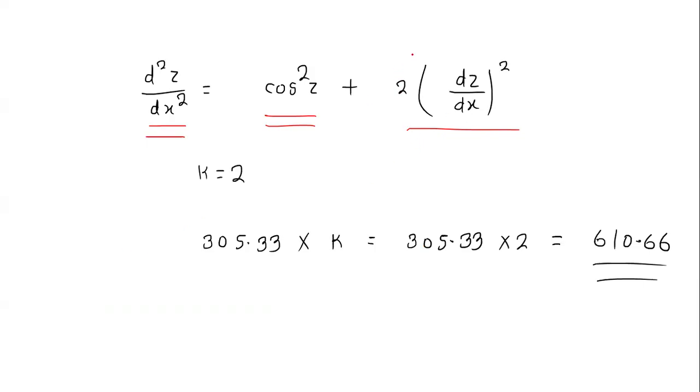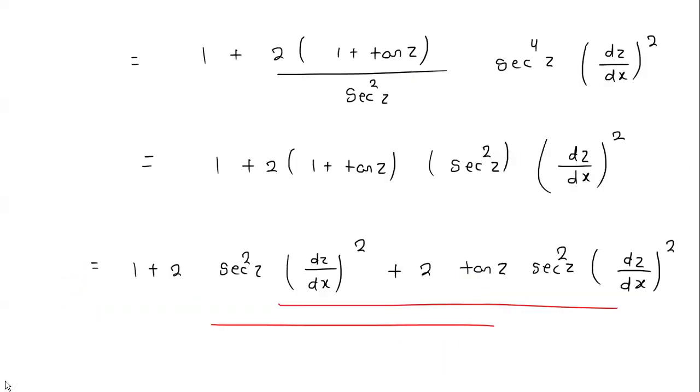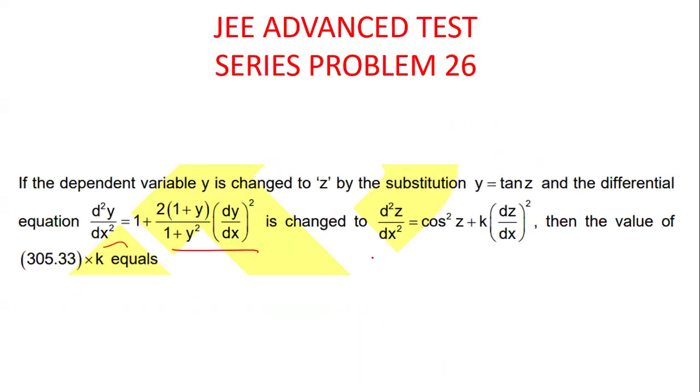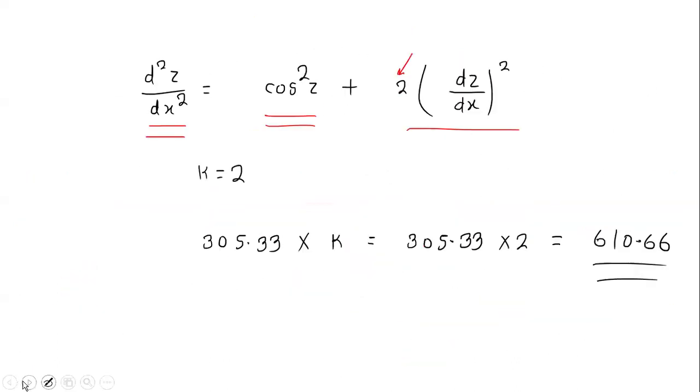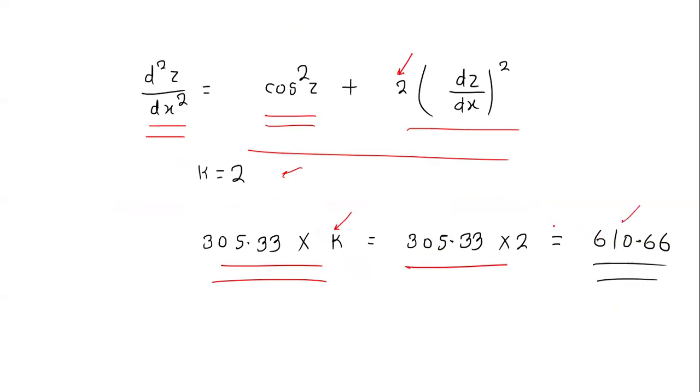Now if you compare this with d2z by dx square equal to cos of z whole square plus k times dz by dx whole square, we get k is equal to 2. You will easily see that the k value is 2, and we have to find the value of 305.33 multiplied by k. So k value is 2, and after multiplication you will get 610.66. So in this way we can solve this.